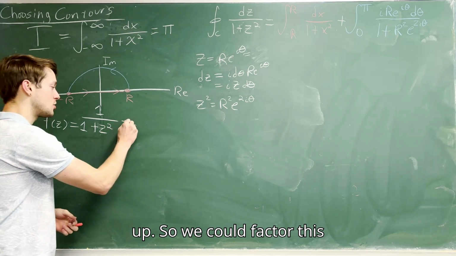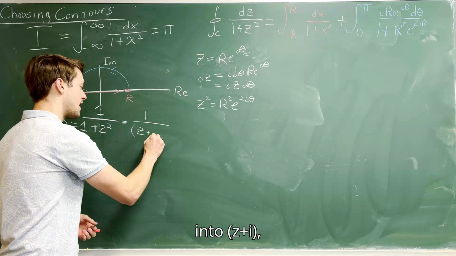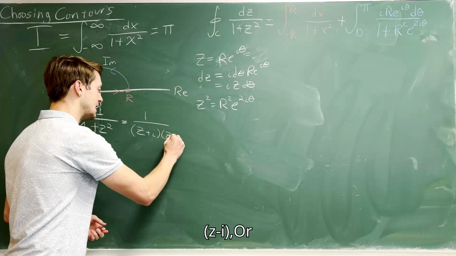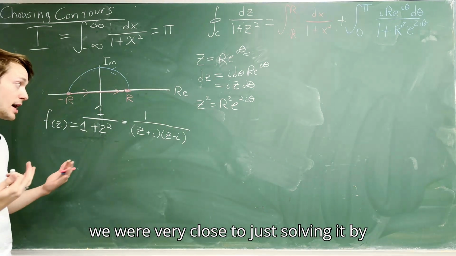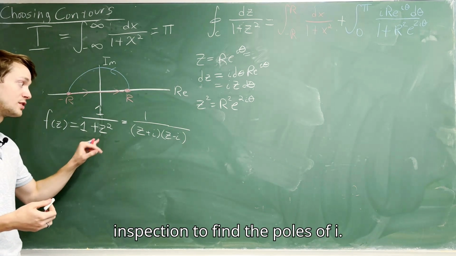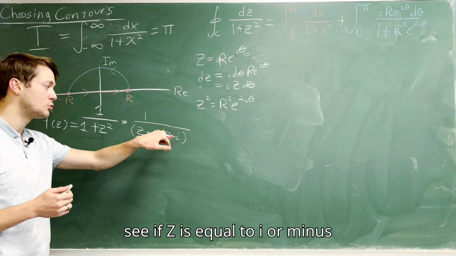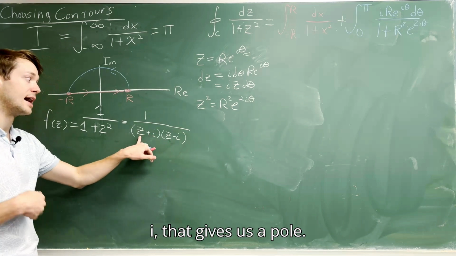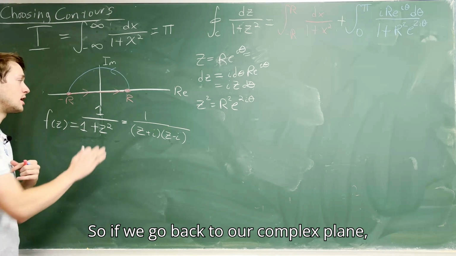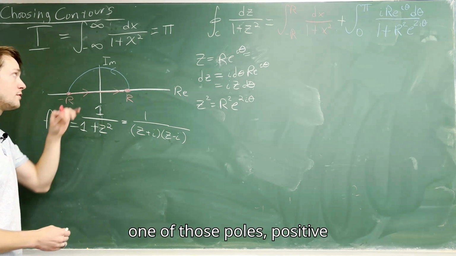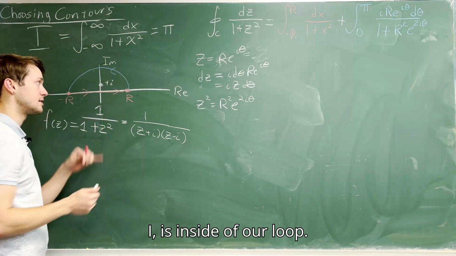We could factor this into z plus i and z minus i, or we were very close to just solving it by inspection to find the poles of i. If we look at these factors, we can see if z is equal to i or minus i, that gives us a pole. So if we go back to our complex plane, one of those poles, positive i, is inside of our loop.